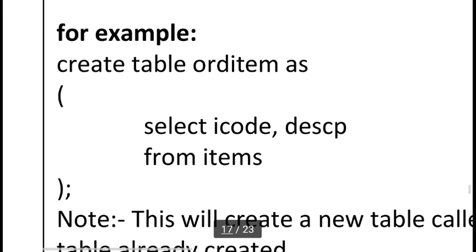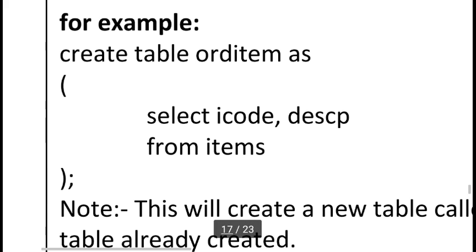Suppose I want to create a new table ORD_ITEM. Here I am not mentioning column names and data types. So create table ORD_ITEM as select icode, descript from items. The items table is already created and already has two columns, icode and description. But in ORD_ITEM there is no column and no data type.